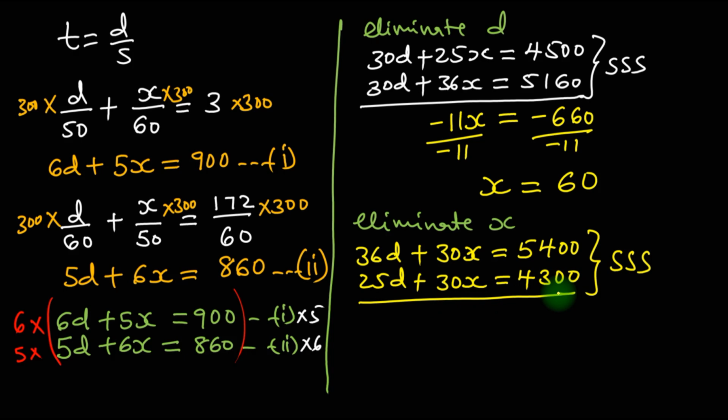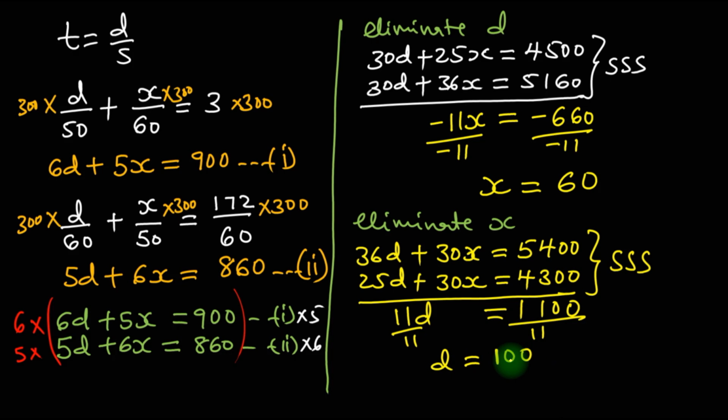Therefore I will get 5400 minus 4300, which is 1100. 30x minus 30x is 0. 36d minus 25d is 11d. So I divide through by 11, and d will be equal to 100.